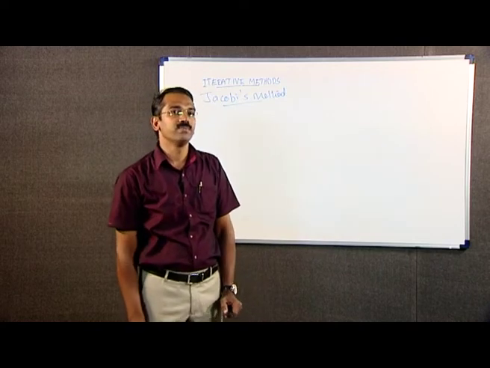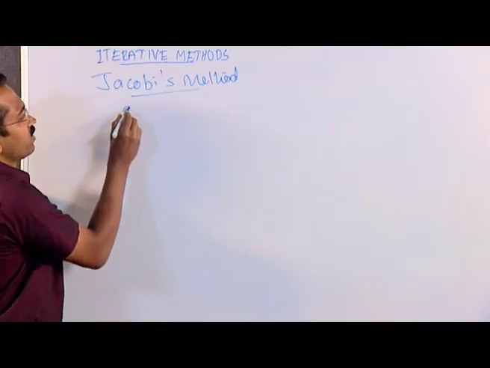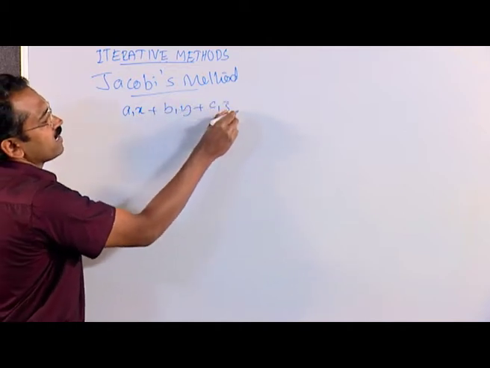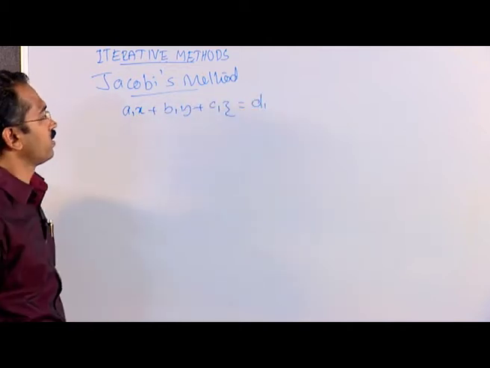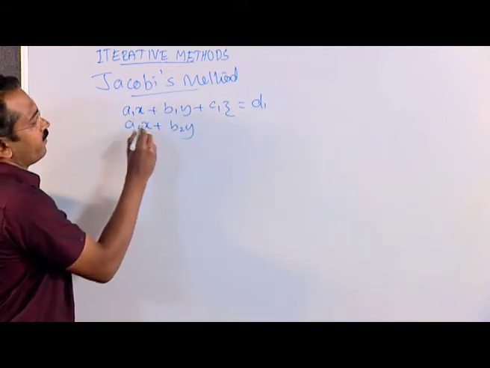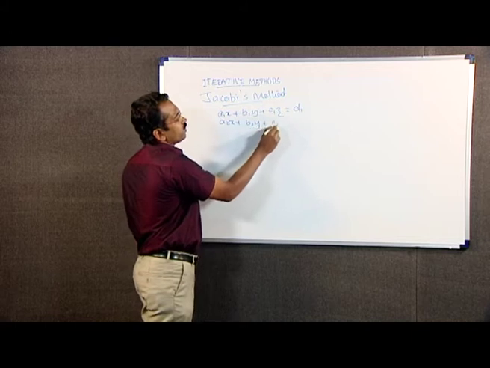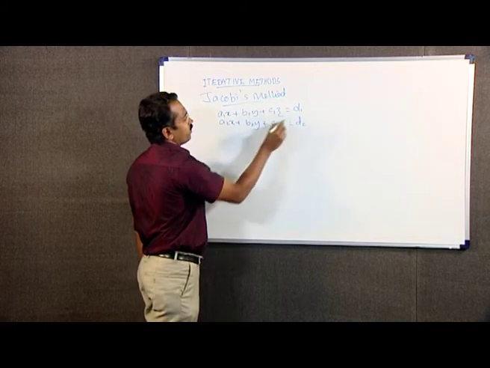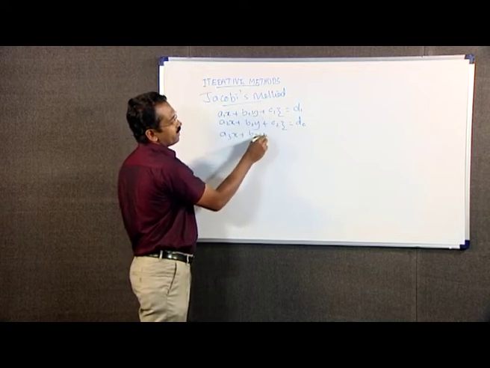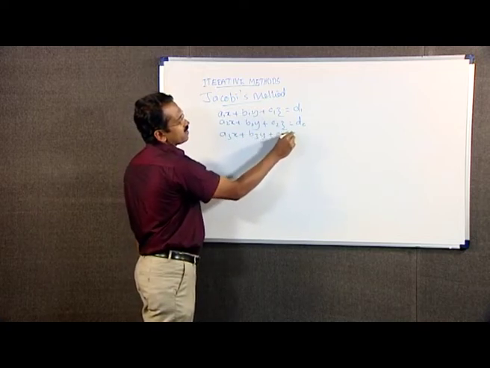Consider the system a1x plus b1y plus c1z is equal to d1, a2x plus b2y plus c2z is equal to d2, and a3x plus b3y plus c3z is equal to d3.